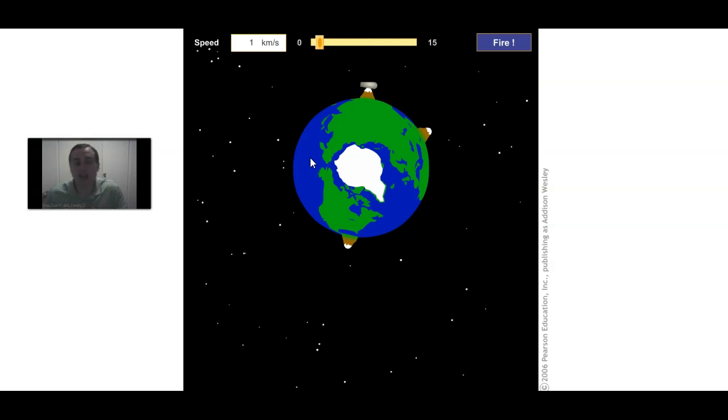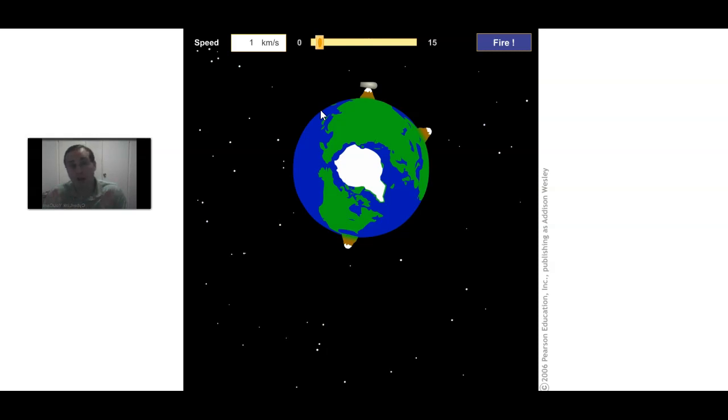Now, it turns out, interestingly enough, that the center of the Earth, that is the center of mass of the Earth, is still going to come into play here. When you fire an object, it's going to have a certain trajectory. Now, by the way, we know what that trajectory looks like from earlier in the semester. Okay, it's a parabola, as long as you assume roughly constant gravity acceleration.